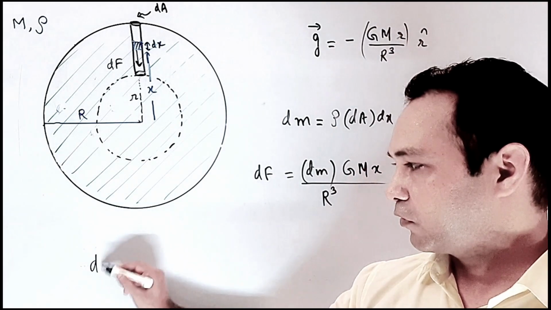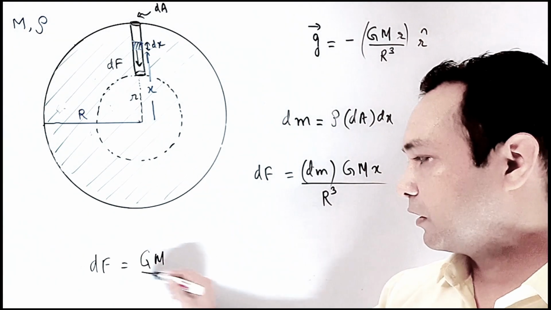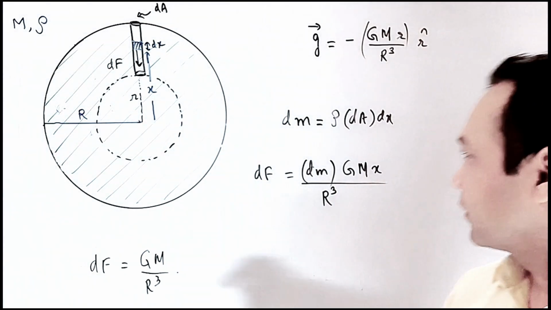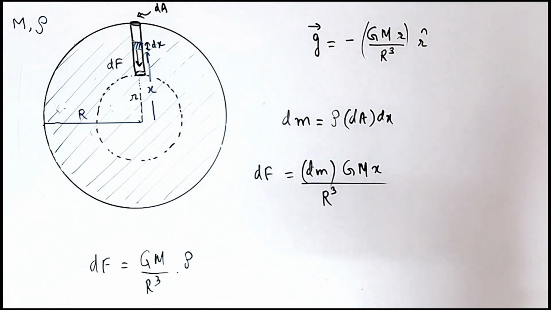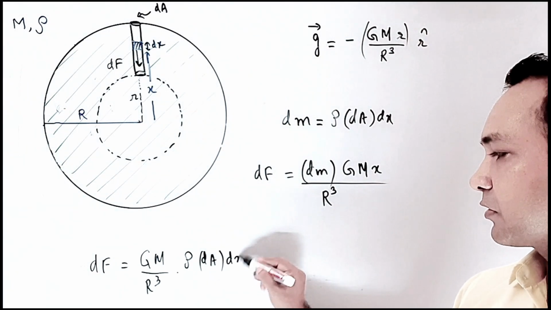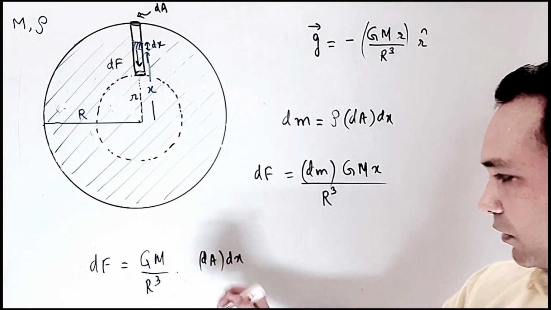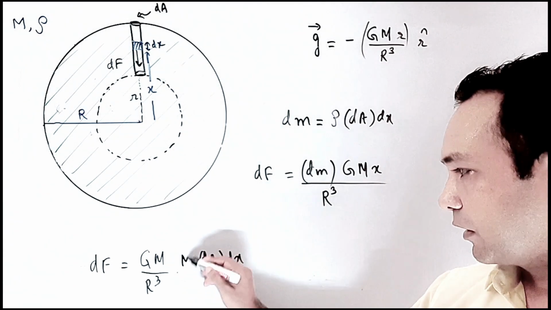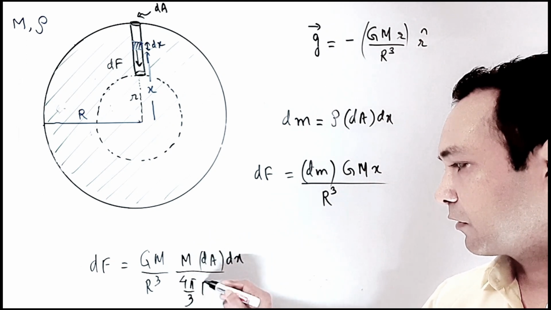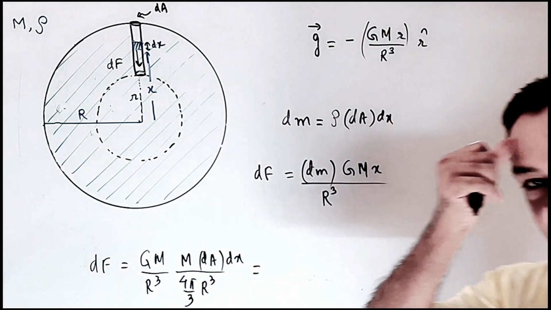So dF would be how much? dF would be G capital M by R cubed, and dm is rho into dA into dx. I can write everything in terms of the mass. So rho can be written as M upon 4 pi by 3 R cubed. I have written that in place of the density.